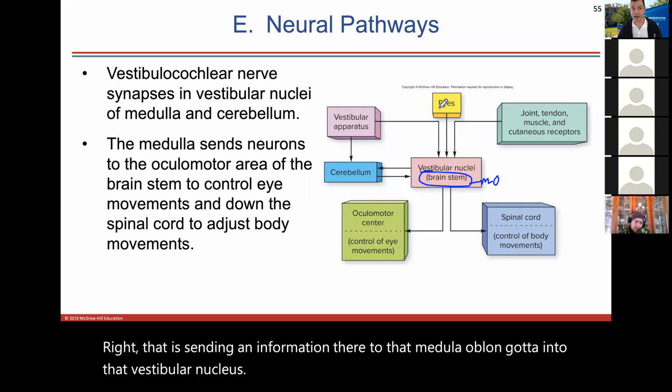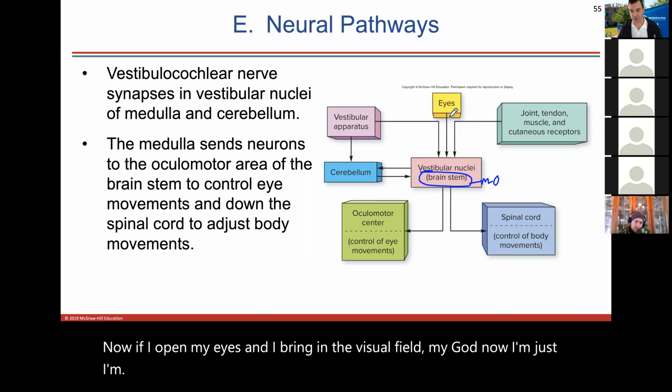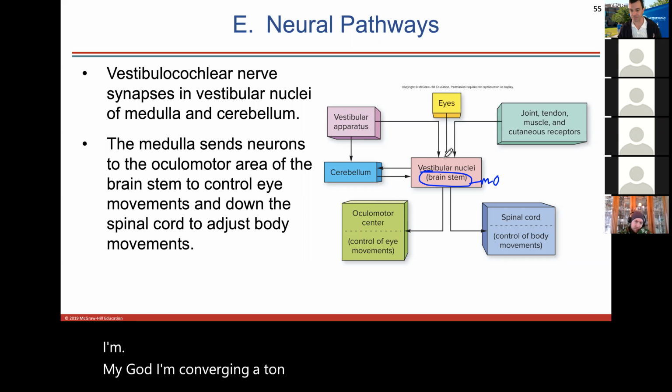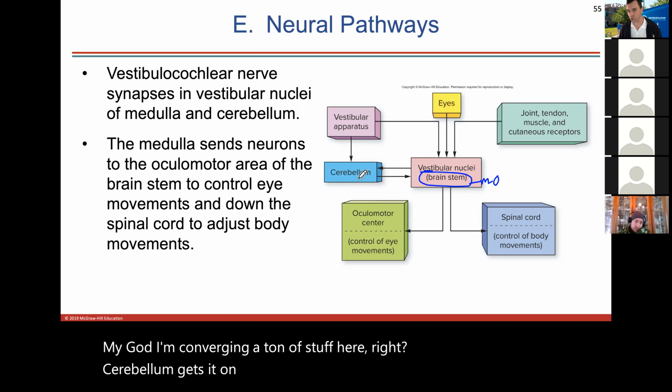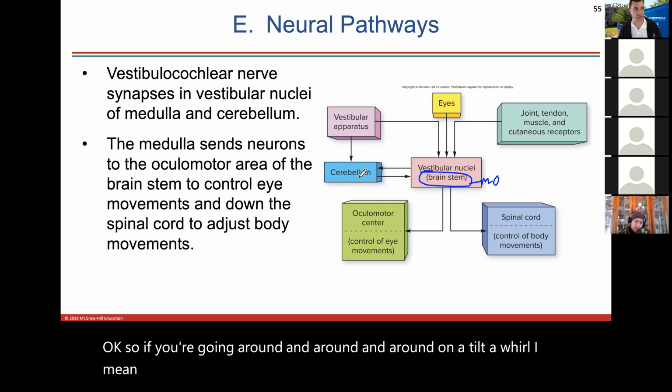Now, if I open my eyes and bring in the visual field, oh my God, now I'm converging a ton of stuff here, right? The cerebellum gets in on the act with learned coordinated movements. So if you're going around and around on a tilt-a-whirl, the cerebellum knows that you're going around in a circle really fast.